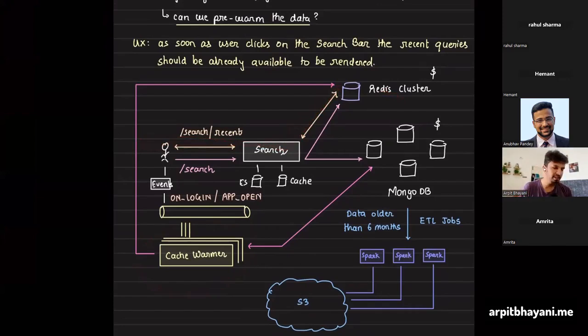This means that you are assuming you would be storing the recent queries for all the users in Redis. It's a good enough assumption: for all the users, all recent 10 queries, you are putting in Redis.